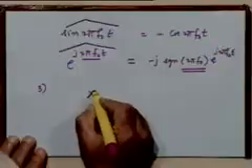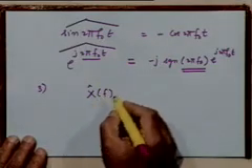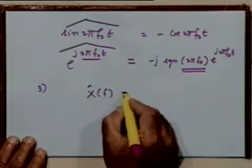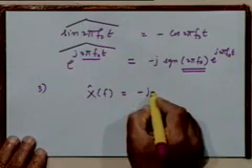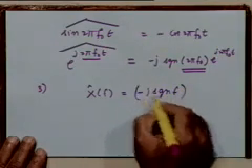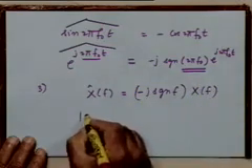So if you look at it in the frequency domain, x hat(f), the Fourier transform of the Hilbert transform of x(t), is equal to minus j signum f into X(f), right? So look at the magnitude of this.